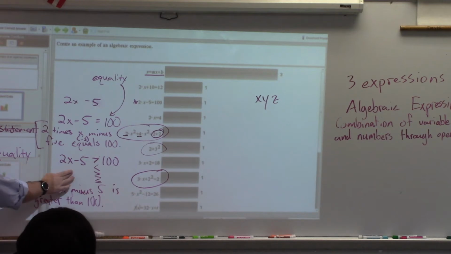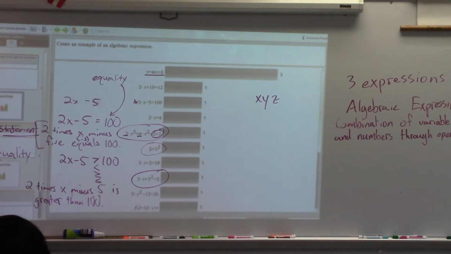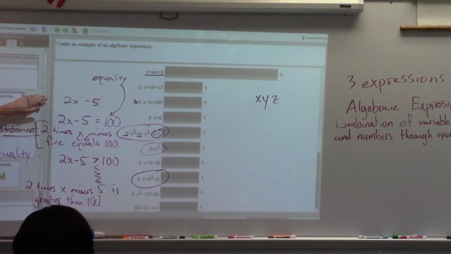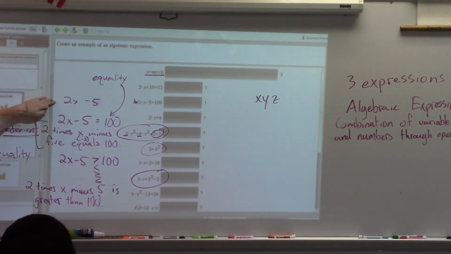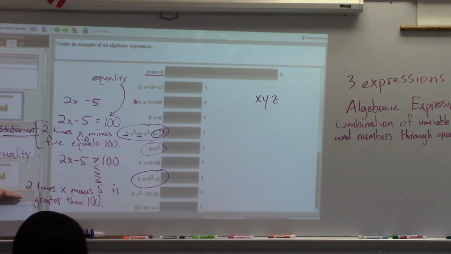Remember, an equation is also called a statement, a mathematical statement, which is why it is not an expression, right? And inequality is also a statement. So is it an expression? No. Notice how this is a sentence, right? We write it algebraically with these symbols, but if you read it out loud, you would read it this way with a verb in there, is greater than. That is a mathematical statement.